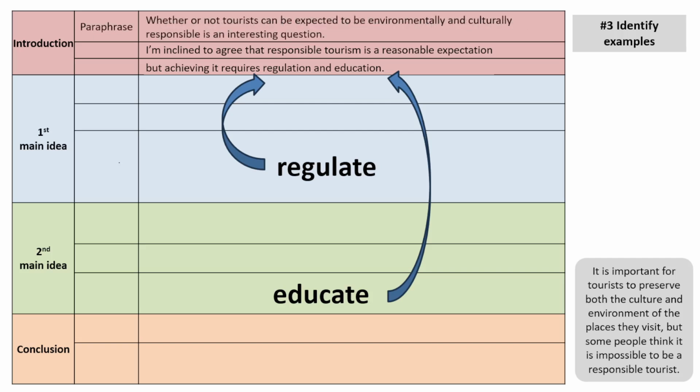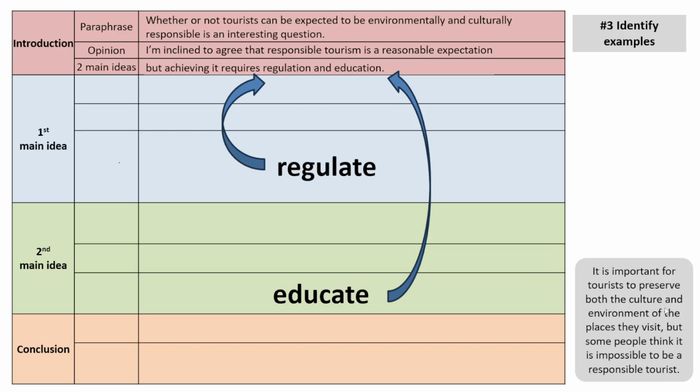Whether or not tourists can be expected to be environmentally and culturally responsible is an interesting question. I'm inclined to agree. So that's the second part, our opinion, that responsible tourism is a reasonable expectation. And then my main ideas, but achieving it requires regulation and education.